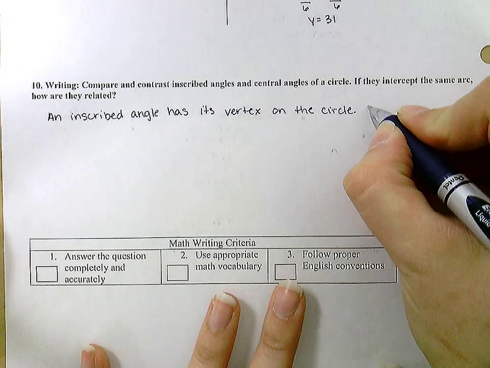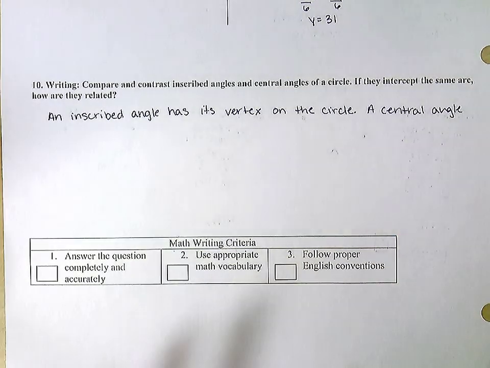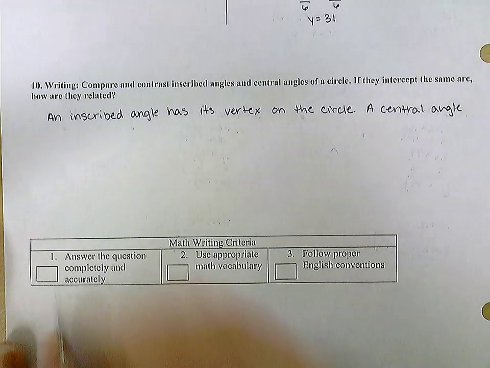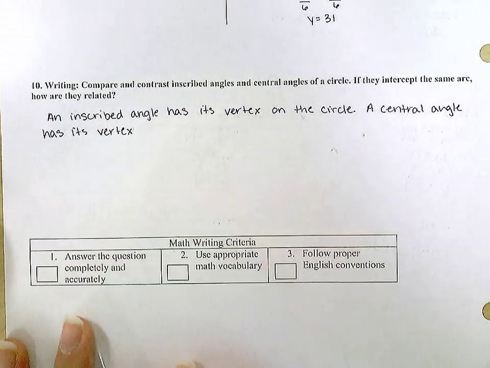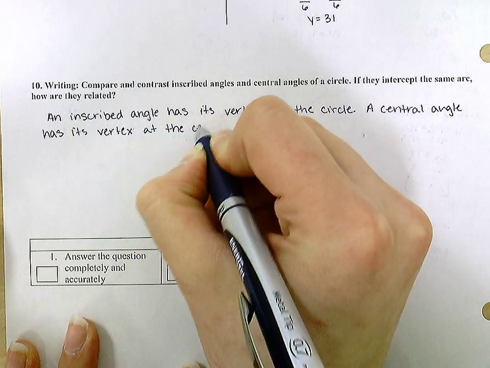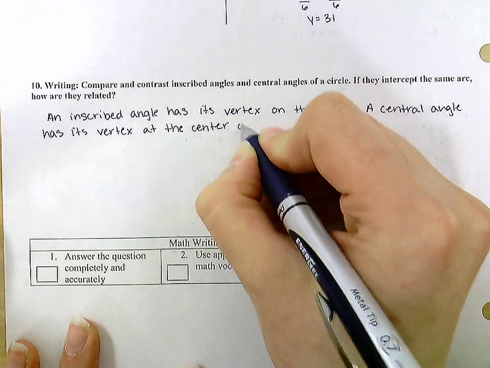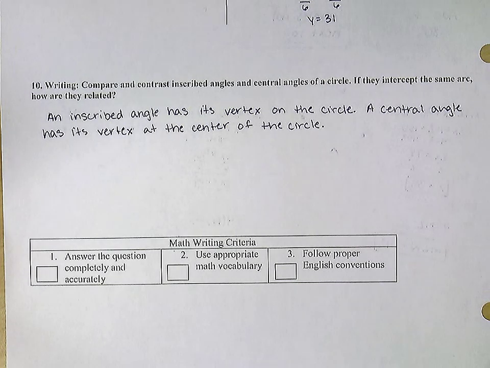Then a central angle. Okay, a central angle has its vertex at the center of the circle. Okay, so I just described what was different between those two. Okay, so inscribed angle, vertex is on the circle, central angle is from the center.